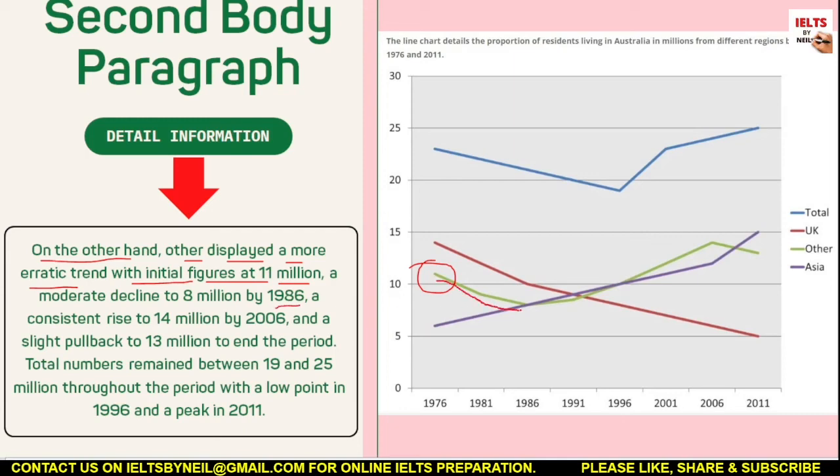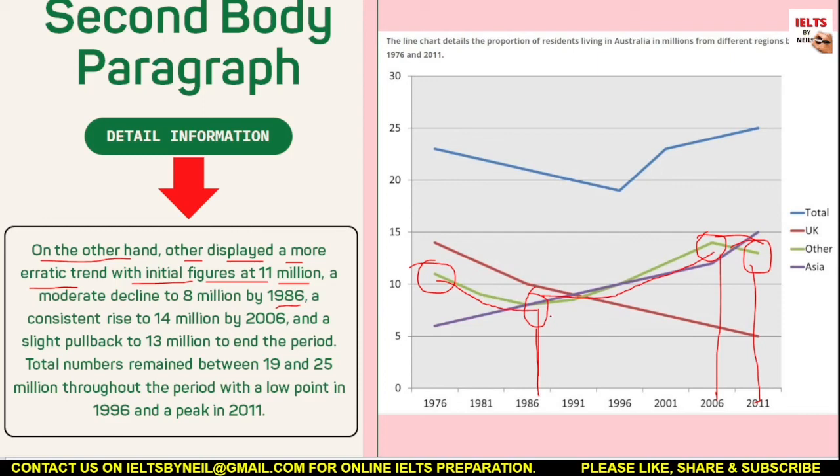Now from here, moderate decline to 8 million in 1986. Okay, a consistent rise to 14 million by 2006, which is true, and a slight pullback to 13 million here in 2011, right?